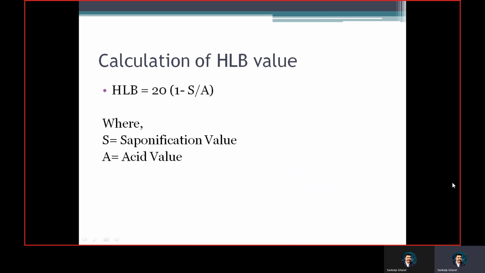So I'll repeat. After calculation of saponification value and acid value, just substitute S and A in the above equation of 20 into 1 minus S upon A, and it will give you the HLB value.